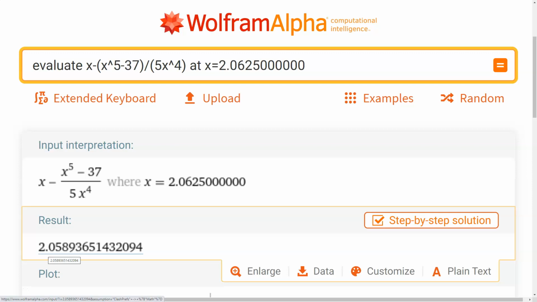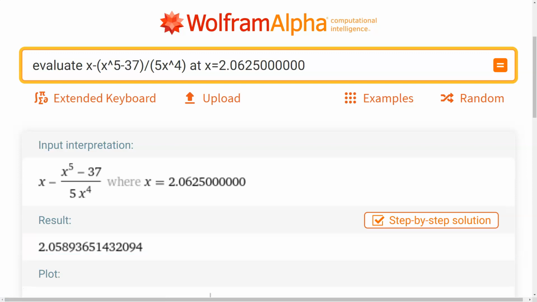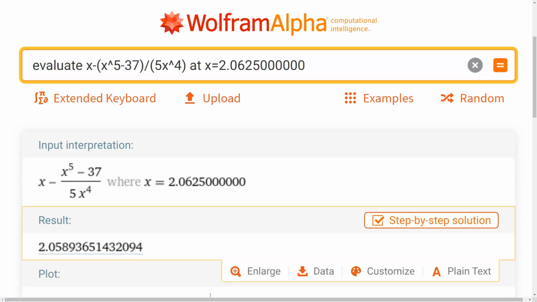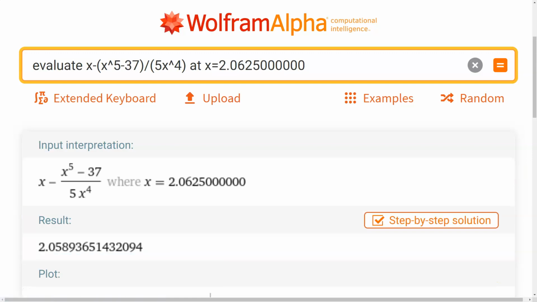So now I've got my second term here, 2.058936514. Okay. So let's take that number, and now what you want to do, this is really neat. You can just go back up here and just enter that, right? That output becomes the input. So I'm just going to do 2.058936.